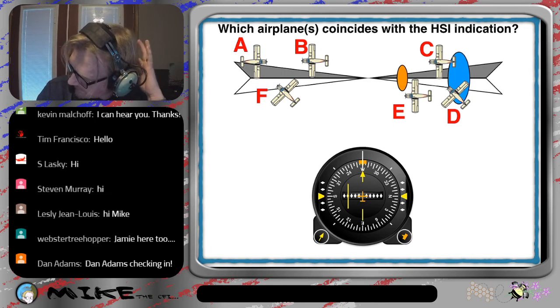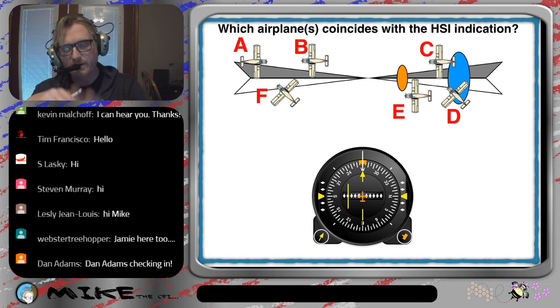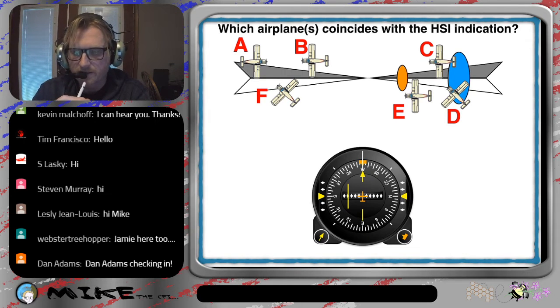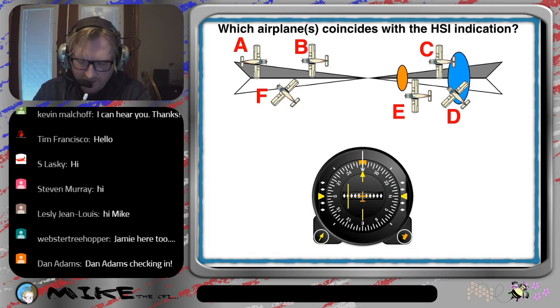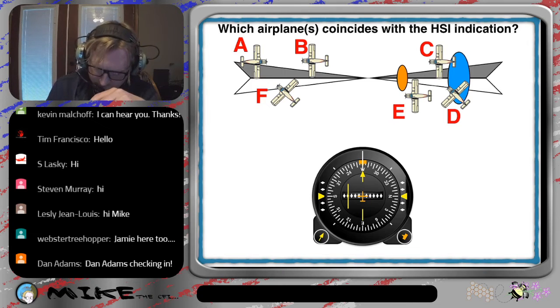The back course would be, as you depart, you're still going to get the same left-right indications, but on occasion, you could be flying the opposite direction on a back course, which with a VOR you would actually be reverse sensing, but with an HSI you won't be, so long as this is tuned to the front course.